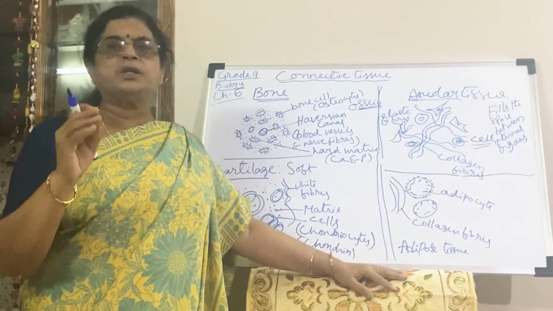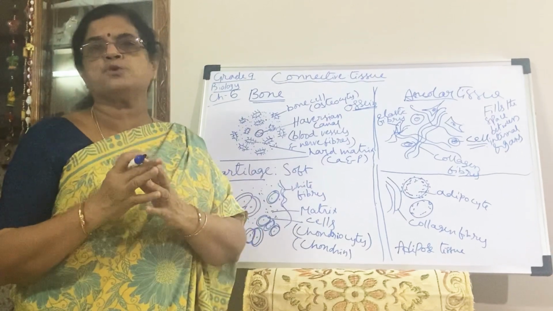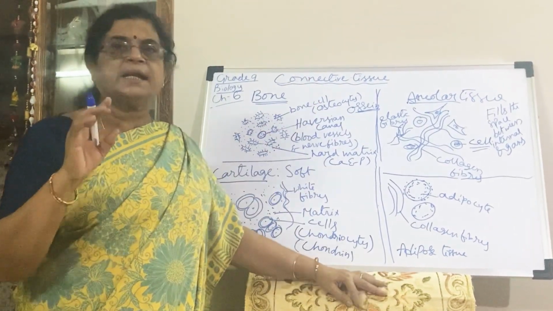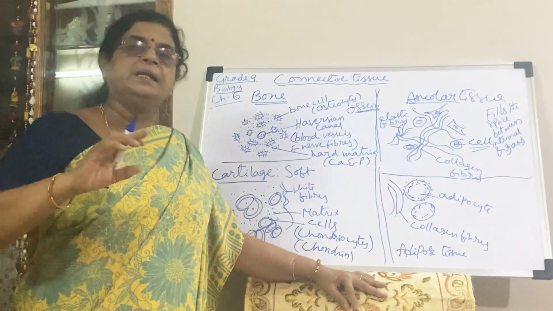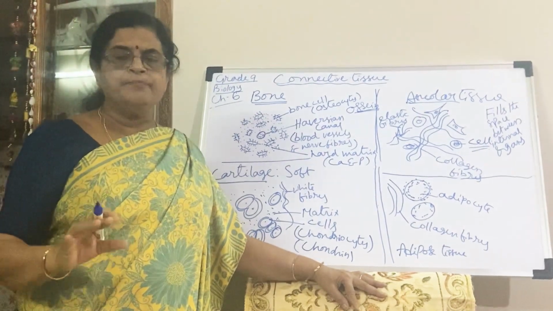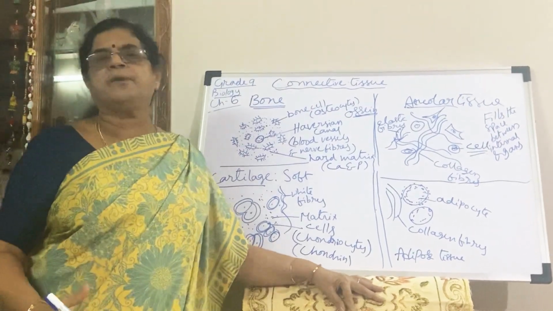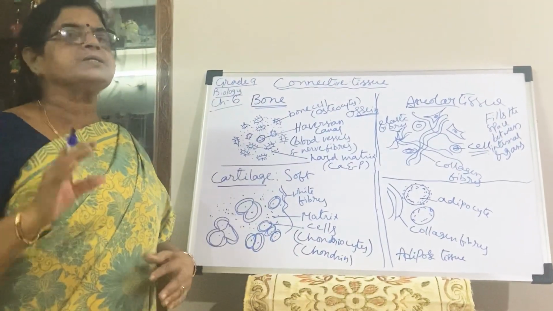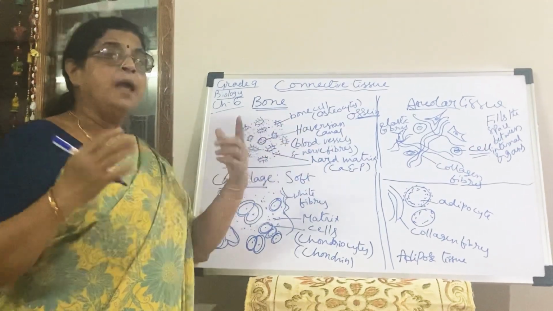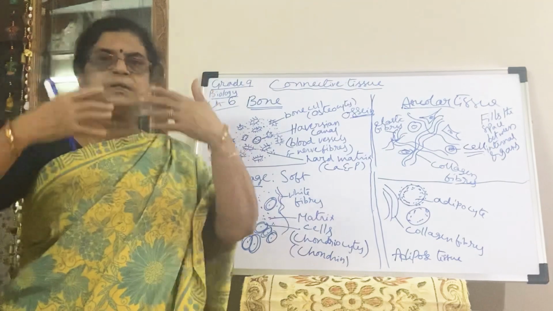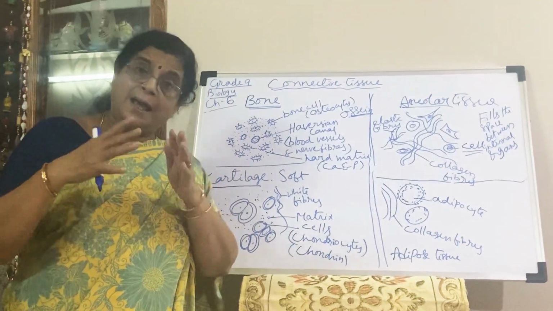Normally we think that a tissue means a group of cells, but bone, even though it is hard, is a connective tissue and gives a framework to the body. We have the skeleton, skull, all these are made up of bones, and these bones are internally connected.